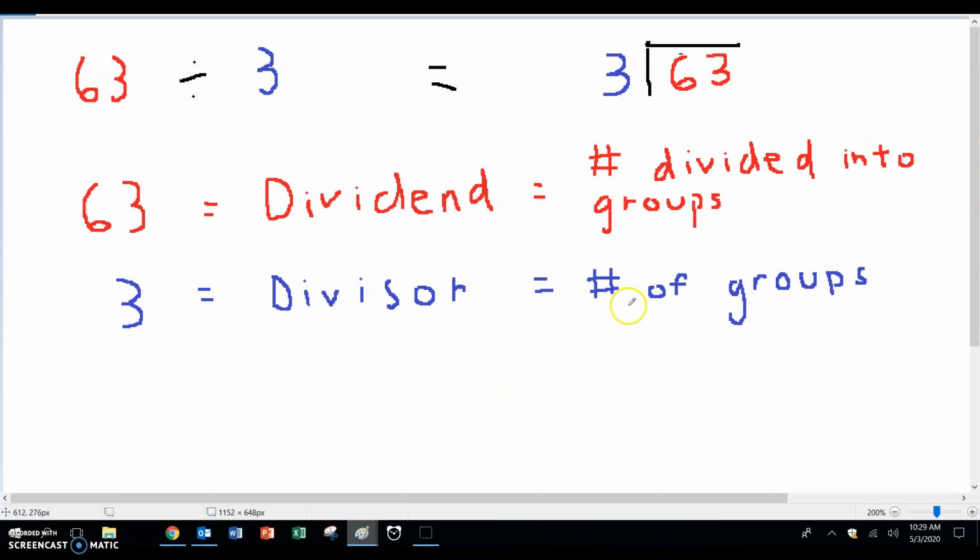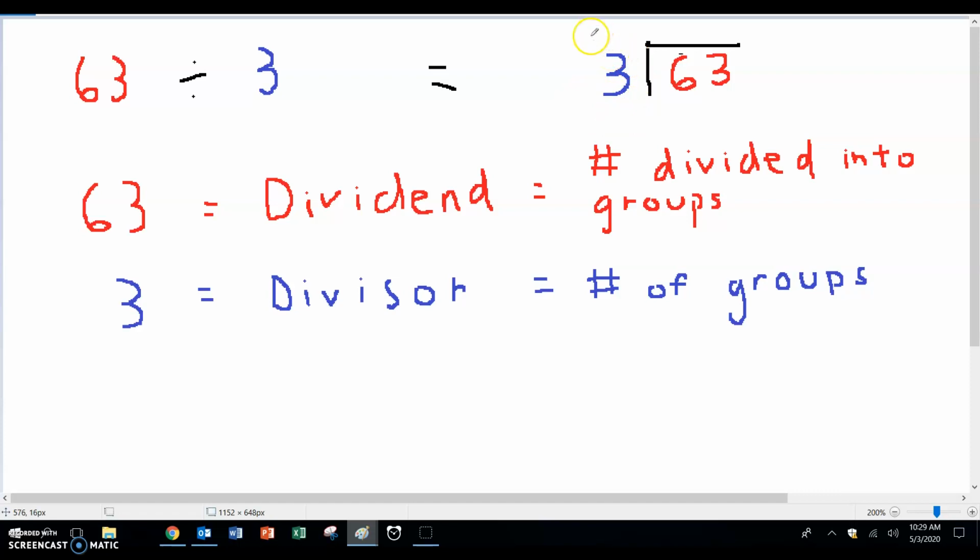This is the number of groups we are dividing the dividend into. In our standard division algorithm, the dividend always goes inside the box. The divisor, in this case 3, always goes outside the box.